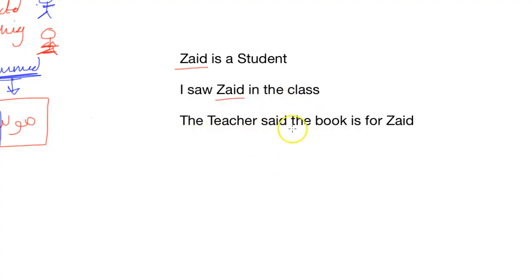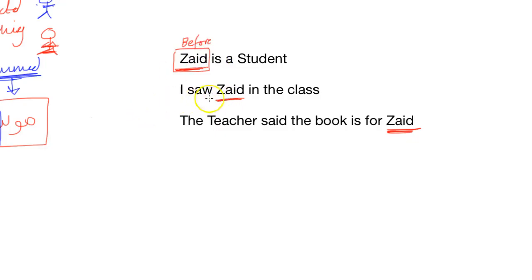The teacher said, the book is for Zaid. Now, if you notice, Zaid has appeared in all three sentences. The difference is that in the first sentence, he appears before is.